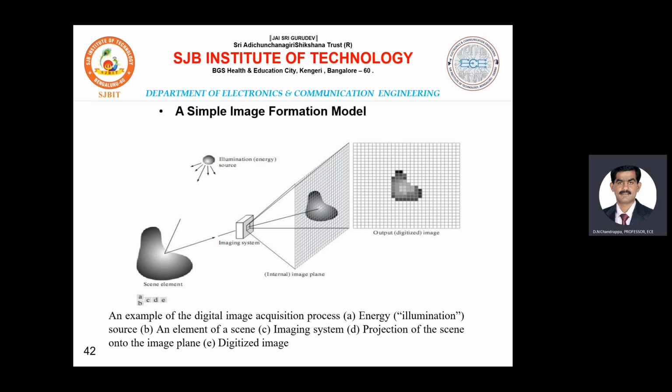Now all of you please look at this slide. The illumination source, light energy, is focused onto the object, that is, the scene element. The reflected light goes through the imaging system. In the imaging system, first the scene is projected onto the image plane, and then that analog image is converted into digital form.